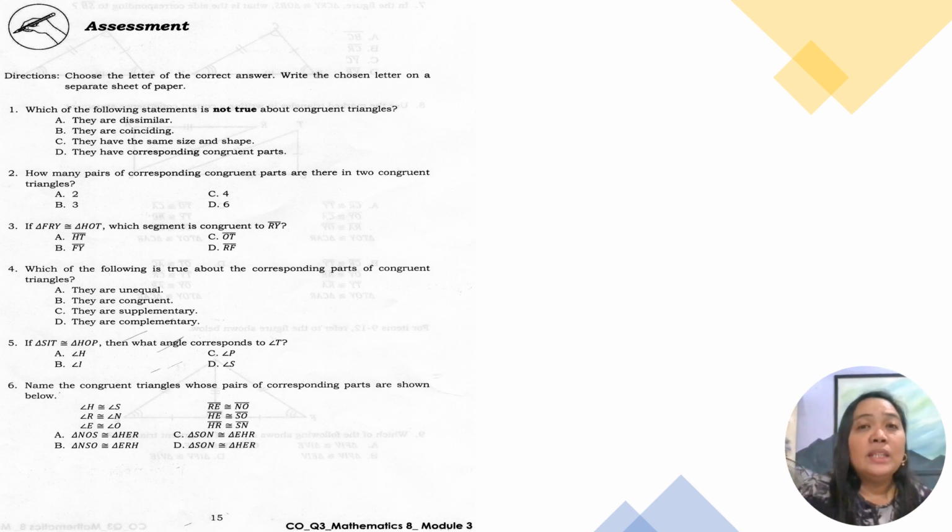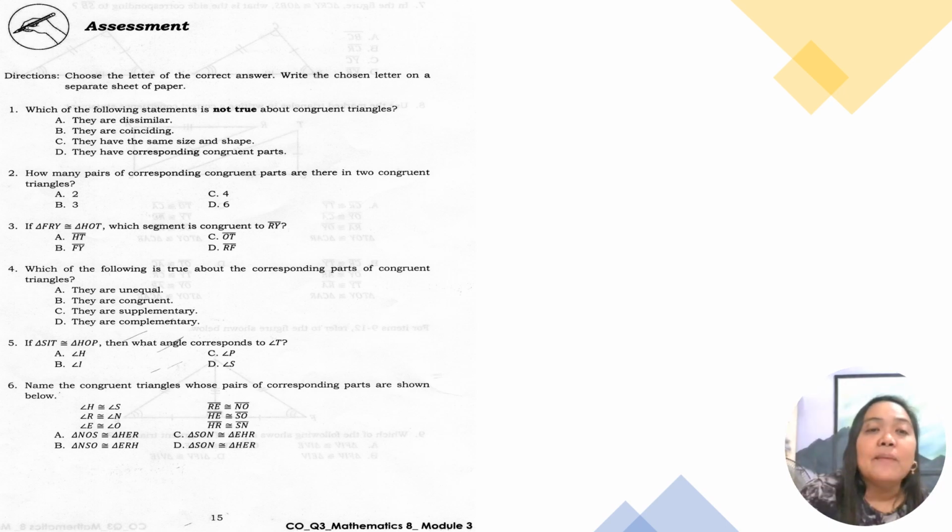The result of your post-assessment test should be higher than the result of your pre-assessment because you have already listened to all the topics that we have discussed on triangle congruence. So you must have a higher score in the post-assessment test compared to your pre-assessment test.